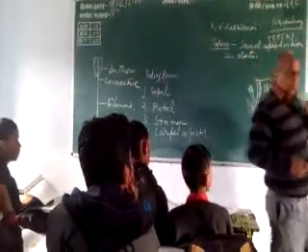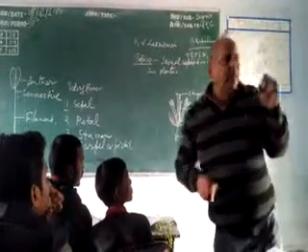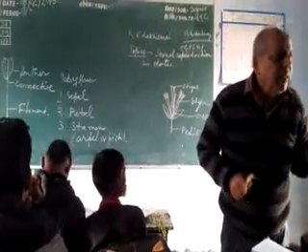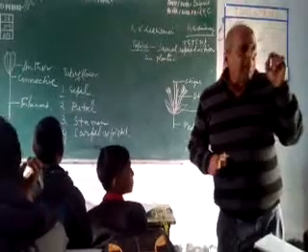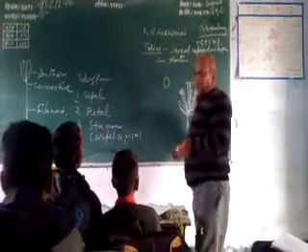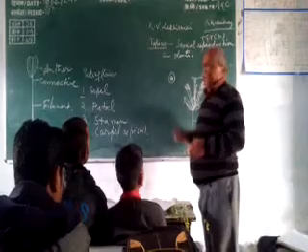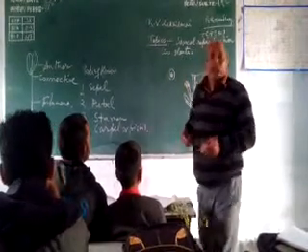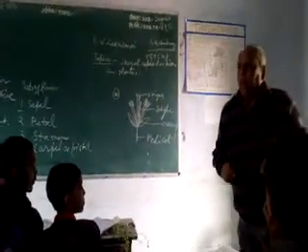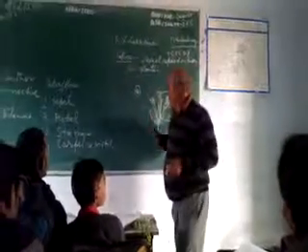Pollen grains contain male gametes, male germ cells. The pollen grain is a cell with a nucleus, and this nucleus divides into 2 parts, and those 2 parts are known as male gametes. So there are 2 male gametes formed in this pollen grain.